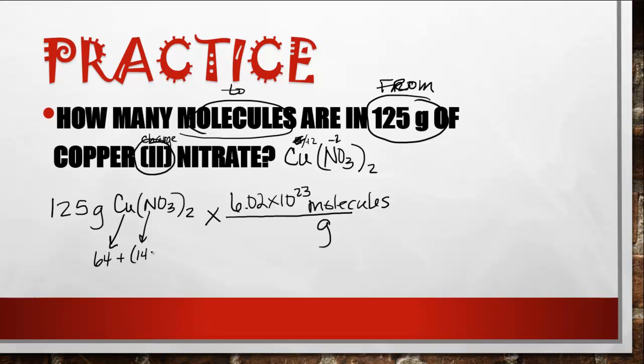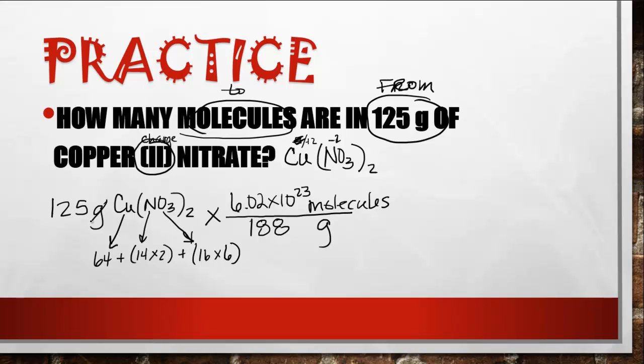We have 2 of them, so 14 times 2. Add that to oxygen, which is 16 times 3 times 2, which is 6. So adding those up, we are going to get 188 grams.